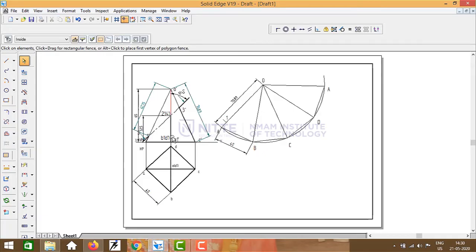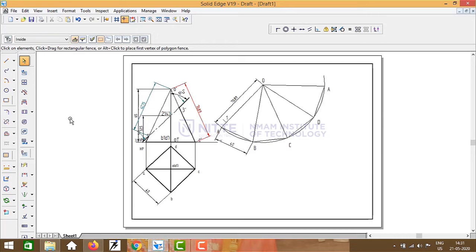Next, on OB. On OB, it is cutting at point 2 dash, but you see in the front view OB is not the true length, right? It is exactly vertical, not parallel to the HP side. So OB distance is not the actual distance. What we can do, you see here, this O dash B dash distance is nothing but the same as the O dash C dash distance, right?